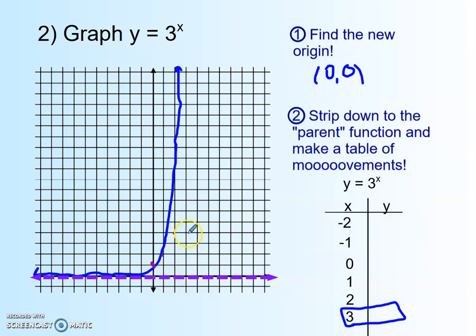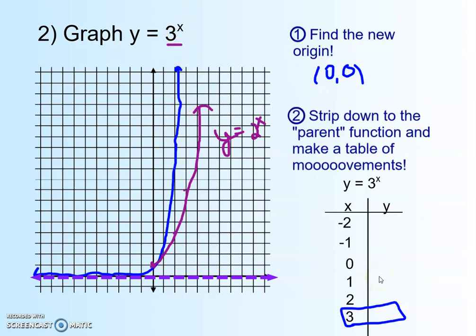When x was 3, we were up to 8. So this graph was a much slower graph, y equals 2 to the x. It still is pretty incredible growth, but you'll notice the bigger base, the faster the growth.